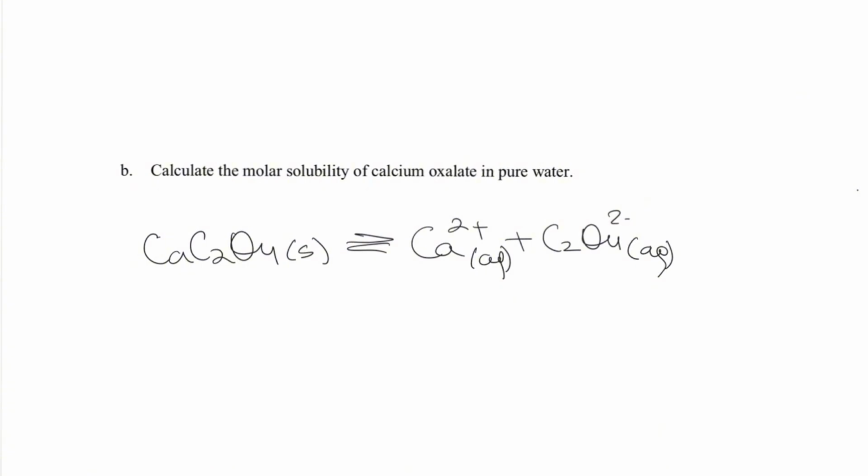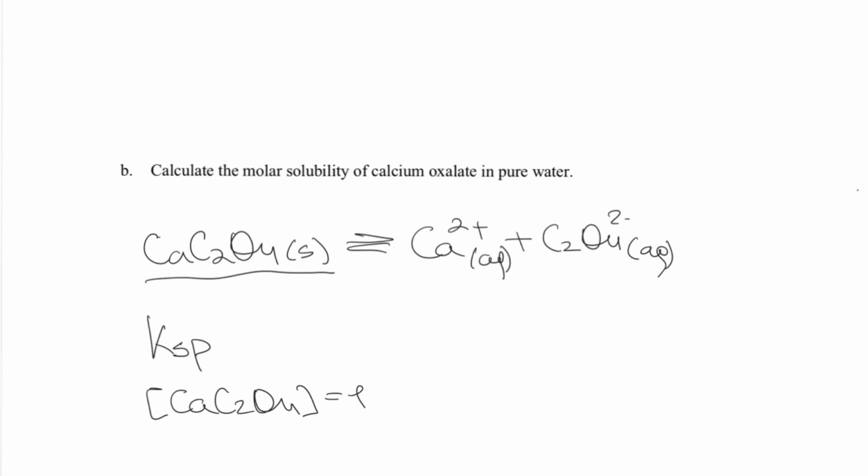Calcium oxalate, as I said before, is a solid, and pure solids are not included in equilibrium expressions, including the solubility product constant, Ksp. The reason is that the activity of a pure solid is a constant and is defined as 1. It's just equal to 1.